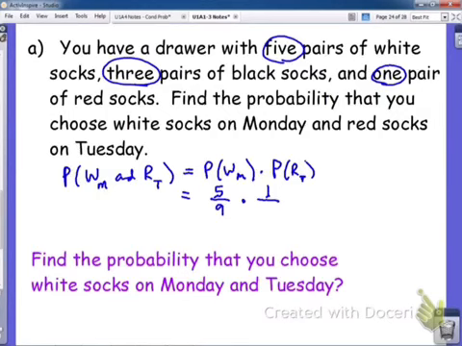Okay. I think most people will do that. So if you put those socks in the laundry, how many total pairs are in your drawer now on Tuesday? 8, right? 8.